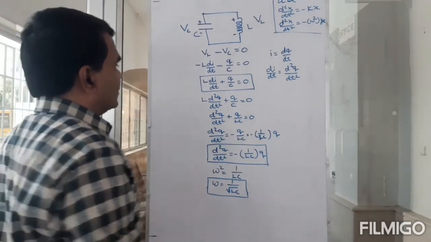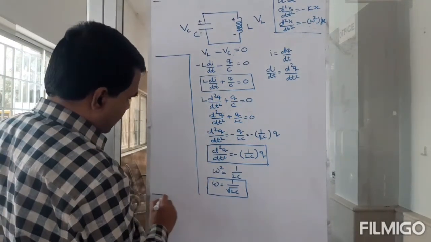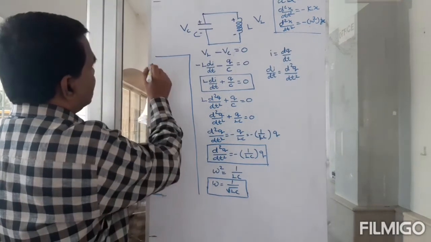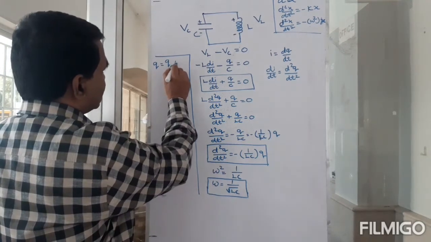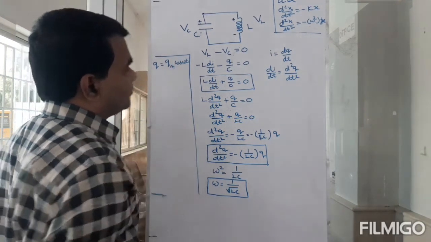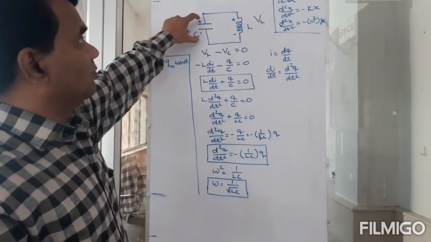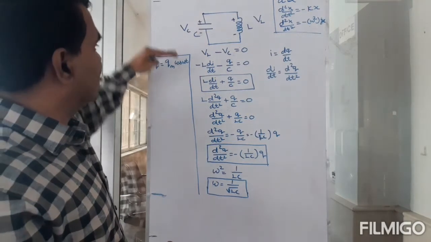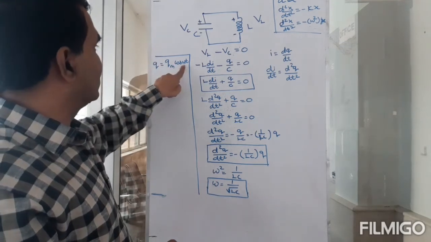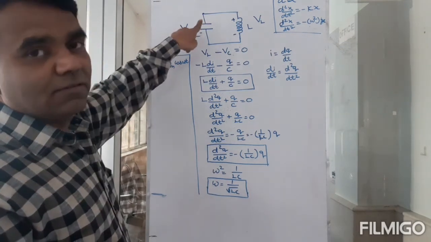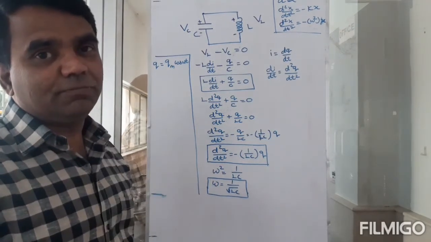The solution for Q, from simple harmonic motion, I can say that Q is equal to Q max into cos omega t. Remember, when time is equal to 0, you had Q maximum, and then as time increased, it started decreasing. So Q is equal to Qm cos omega t makes sense now.